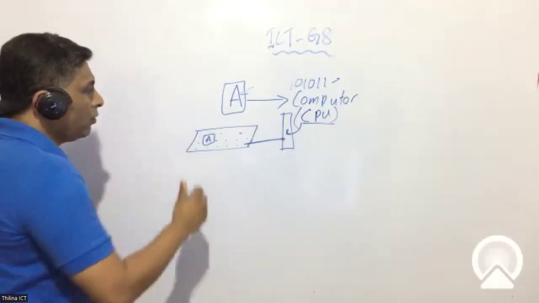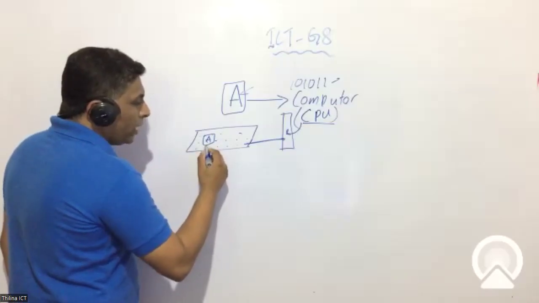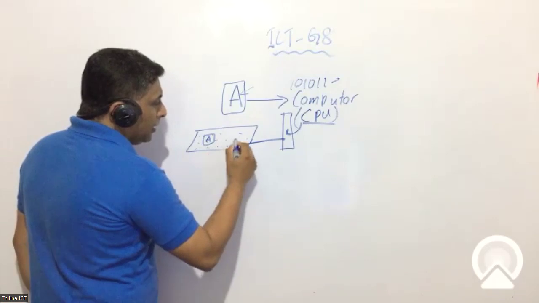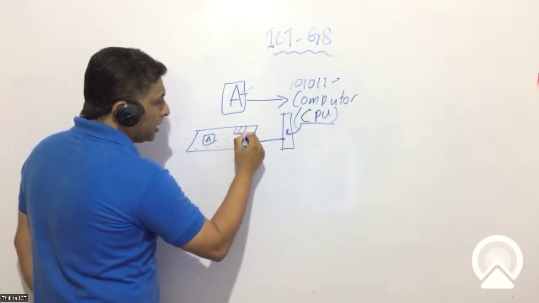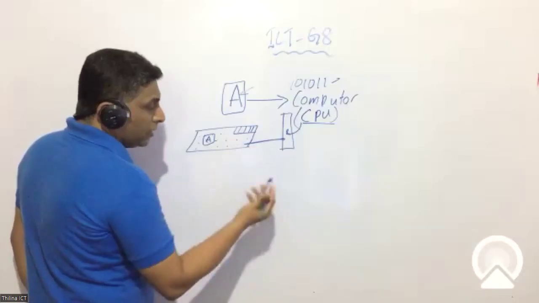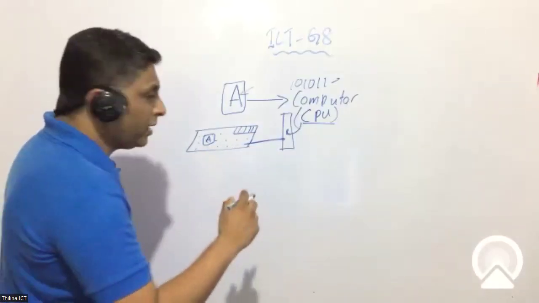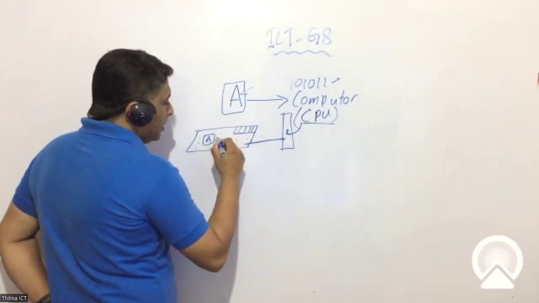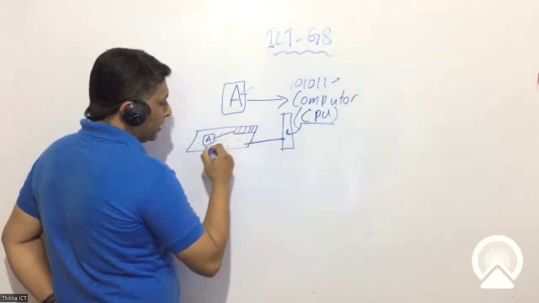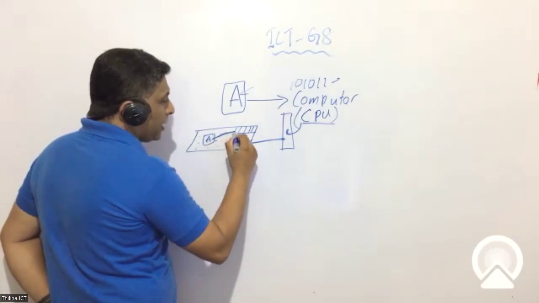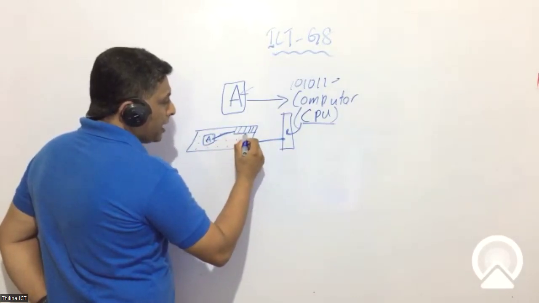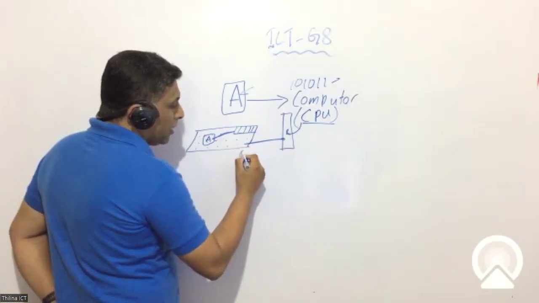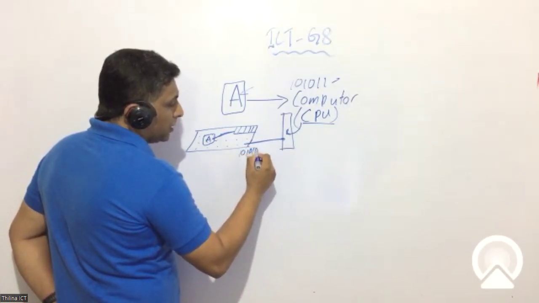Now, when you press A, what will happen? There's a special circuit in the keyboard, inside the keyboard. It can detect this key press, recognize it, and convert that to computer understandable language like this.